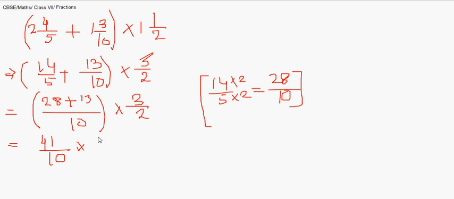multiplied to 3 over 2. Let's see if anything is getting cancelled. I don't find any though. What I'm getting is 3 1s are 3, 3 4s are 12, 123 by 20. And if you convert this into mixed fraction, I think it'll get 20 into 6 will be 120 and 3 remaining, so it is, oh sorry, this will be 20 in the denominator as well.